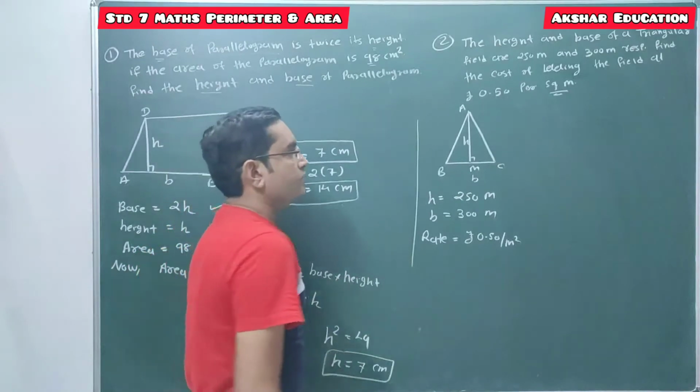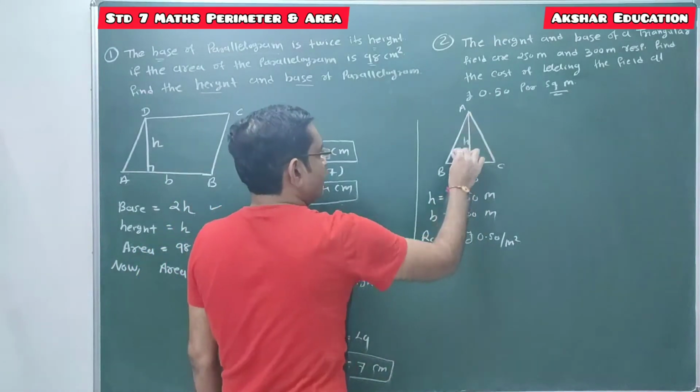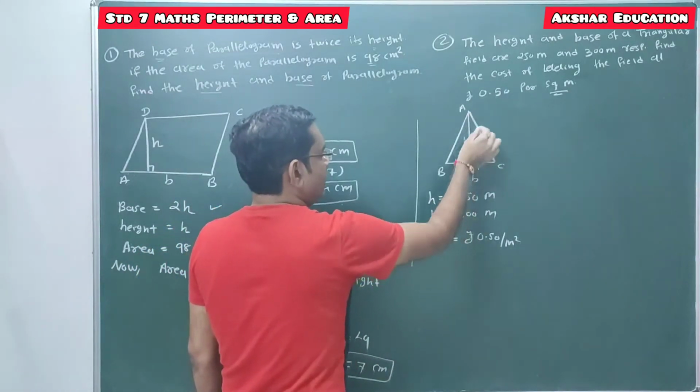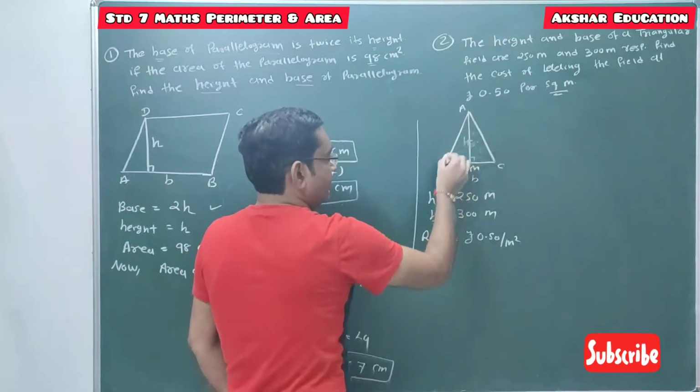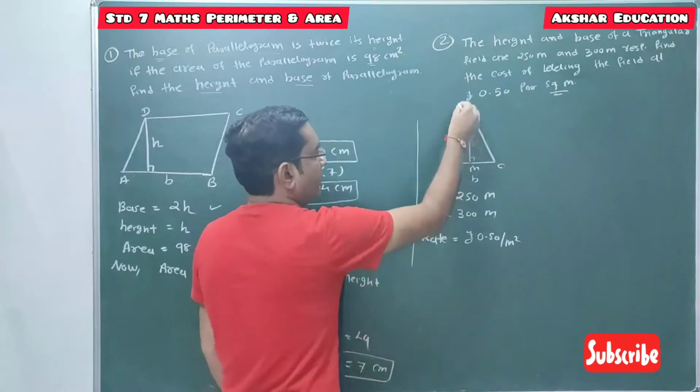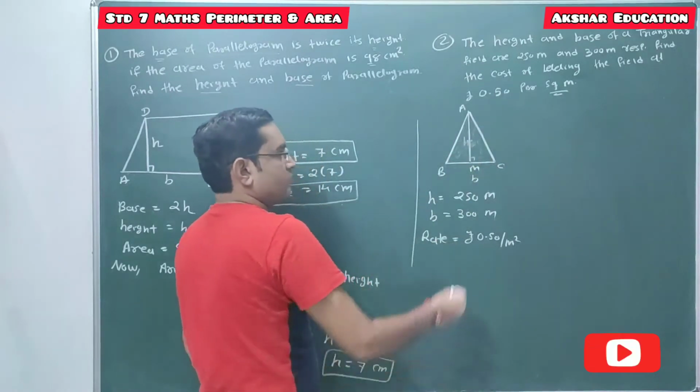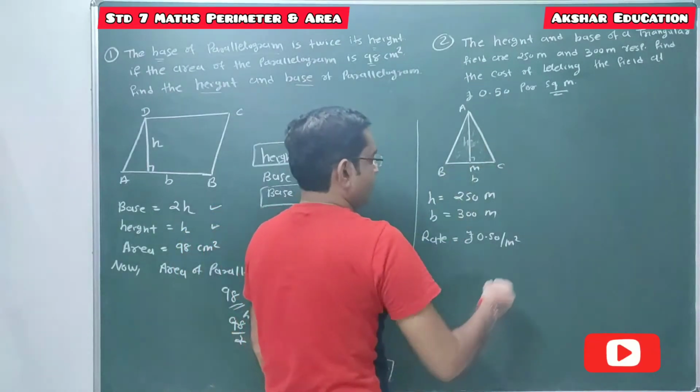So what is the total cost? Total cost is nothing but the total amount that we have to spend for the leveling of this entire area. So whole area is the area of triangular field. So first you have to find the total area of field.